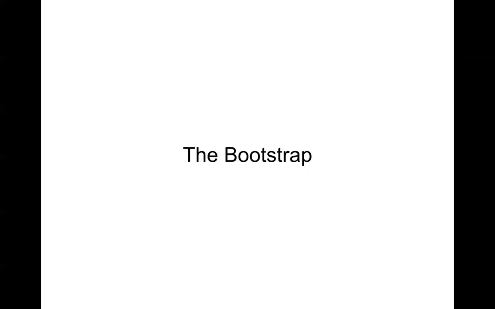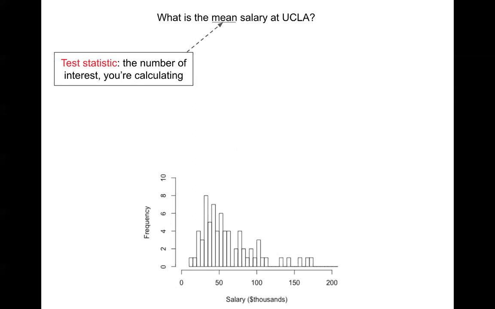Now we're on the bootstrap, which is, let's say my test statistic is the mean here, your favorite, and we check, what is the mean salary at UCLA? Let's say I ask you that question. Did anyone happen to calculate it on their data? If you calculate it, I think it's $64,000 is the mean salary.